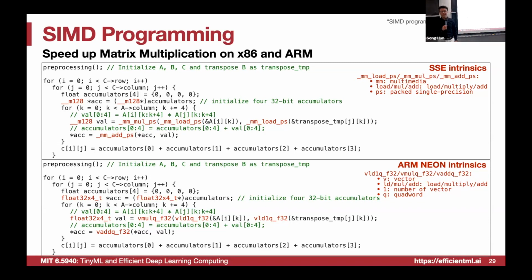The ARM version is actually very similar to the Intel version. Here we initialize this accumulator: 4 entries, each entry is 32 bits. Then we load the A vector, load quad word, load B transpose, do the multiplication, and put the sum into a vector add and put it in the accumulator. Since the accumulator is also 128 bits, it contains 4 entries.